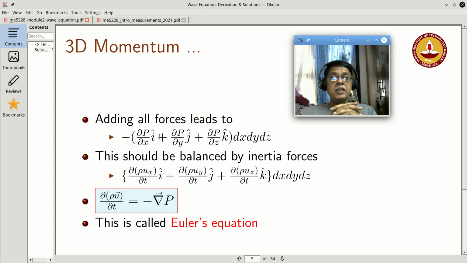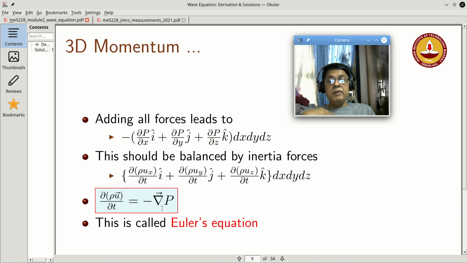So effectively the net force acting in the x direction is minus ∂p/∂x, in the y direction is minus ∂p/∂y, and minus ∂p/∂z in the z direction. I put the unit vectors i, j and k, so that's the total force. And similarly the inertia forces for each of these components of acceleration, ρux i, ρuy j, ρuz k, and so on.